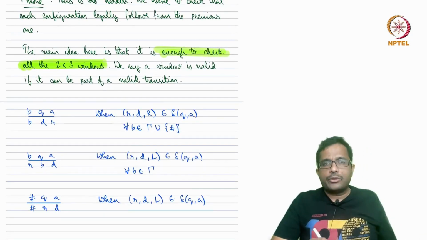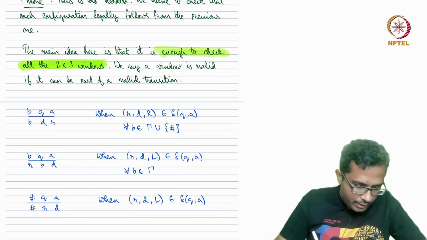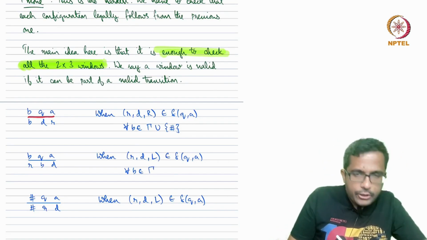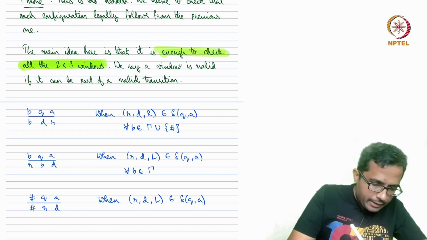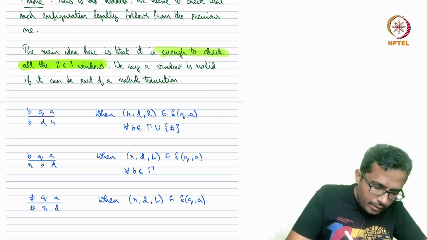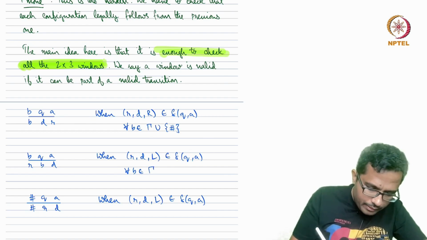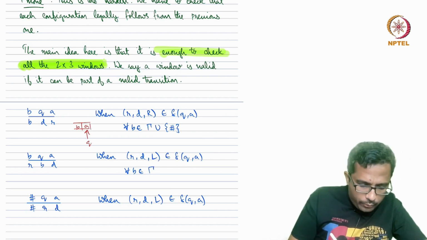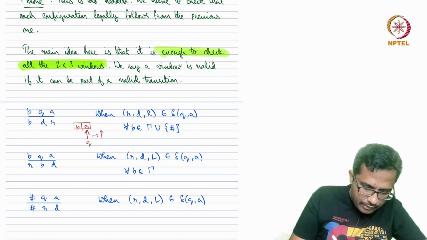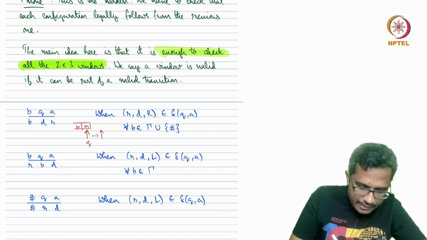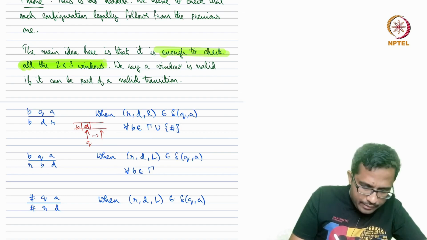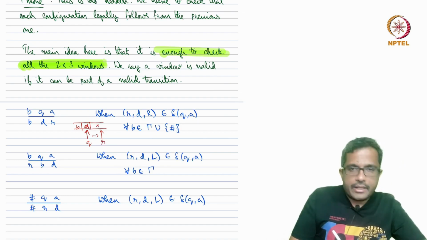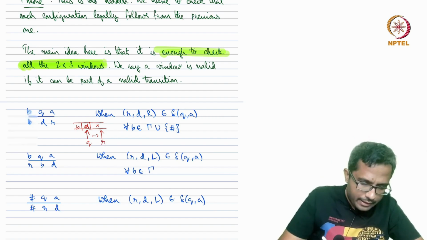So now, to get a feel for this, let us try to understand. Suppose as part of a computation you have B Q A. The way to look at it is, in the Turing machine, you have B here and you have A here, and the head is pointing at A with state Q. Suppose this tells us to move right one step, and A is overwritten by some symbol, let's say D, and then maybe something else is read, and Q becomes R, the next state is R. So that is captured by this thing here.